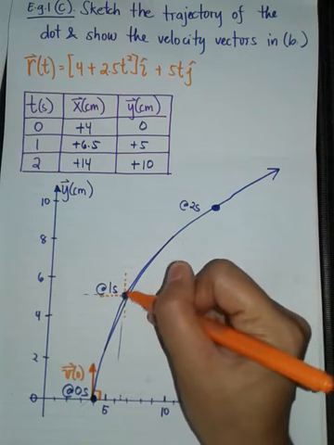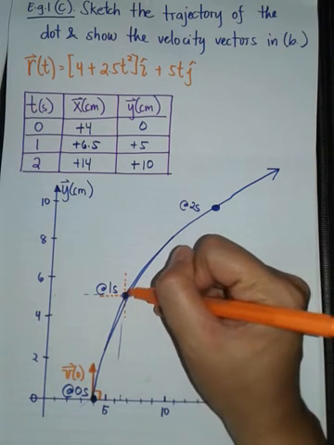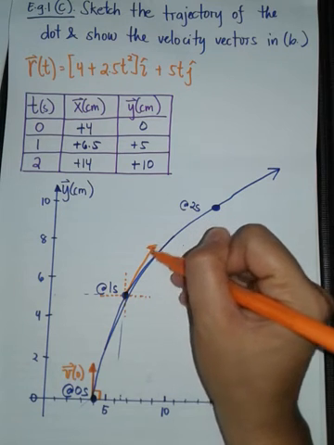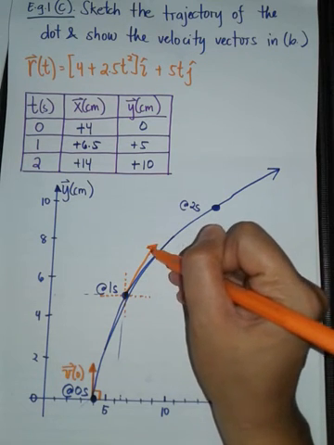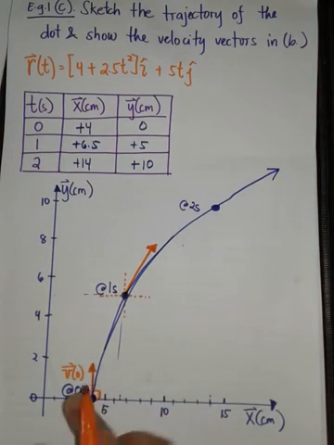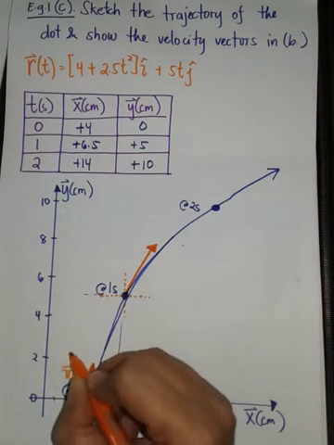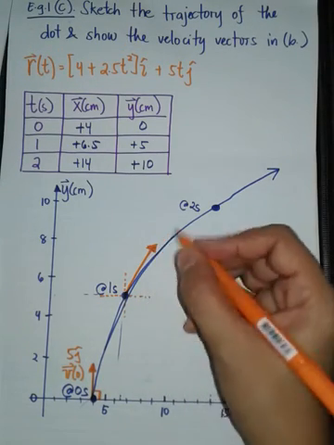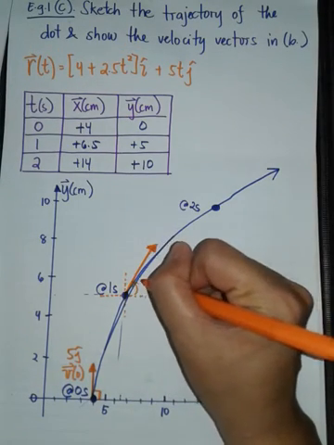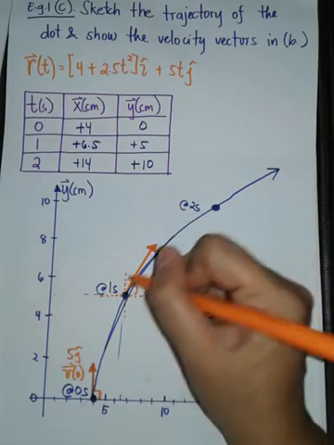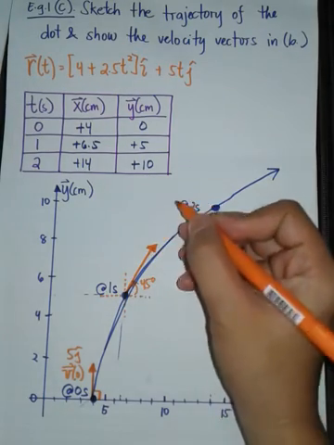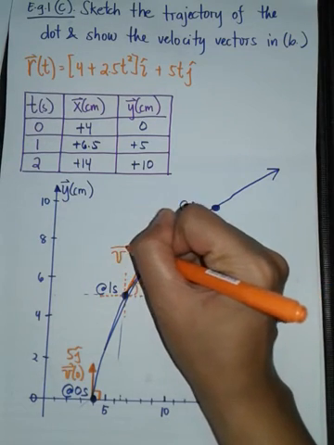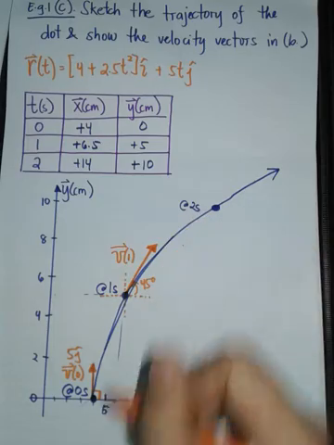More or less, half of 90 is 45, so it's still tangential. And I have to draw this arrow longer than the first one, because that one is just 5 j hat, whereas this one is 7.11, at 45 degrees. This velocity vector is the drawing for the instantaneous velocity when time is 1.